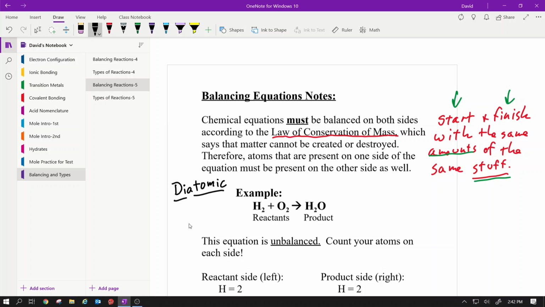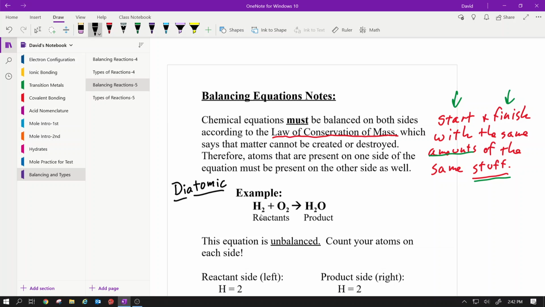That they only exist as two atoms. Okay? And so if they're by themselves, they are not running around as singles. They're running around as pairs of that element. All right? And so diatomic elements are always found in pairs, not just by themselves. All right? So we've got some H2 and some O2, and we mix those together, and we get H2O, water.